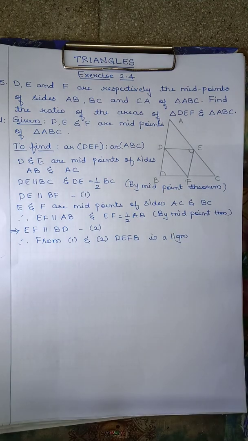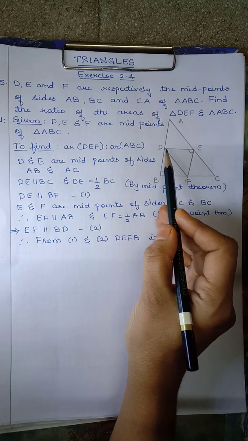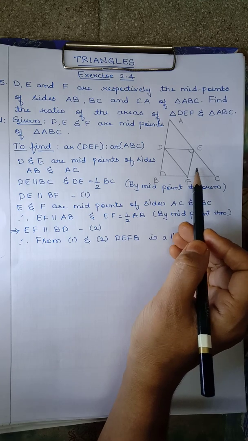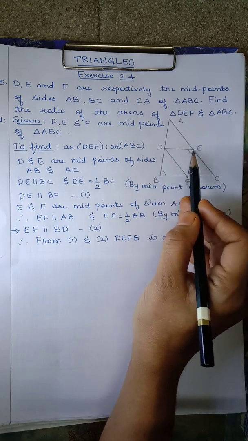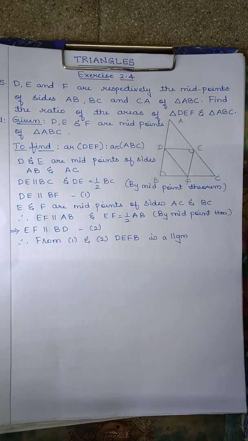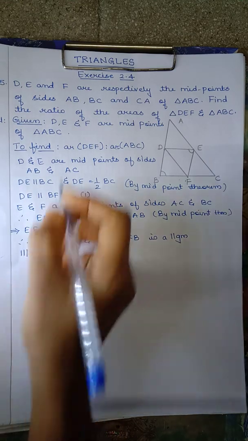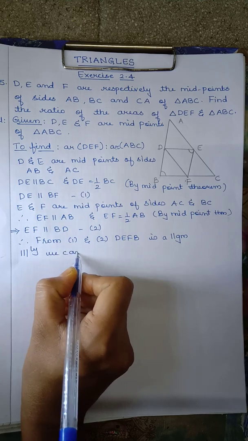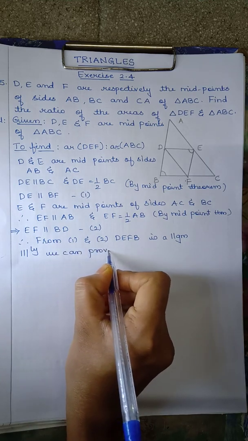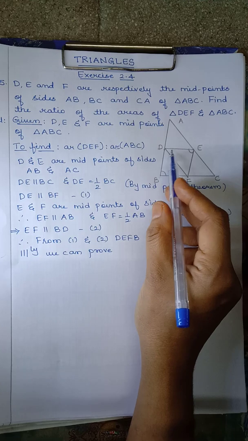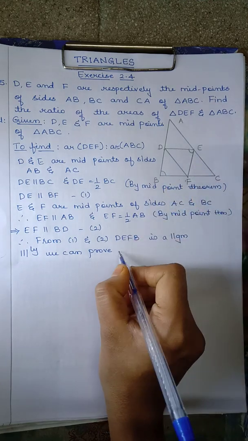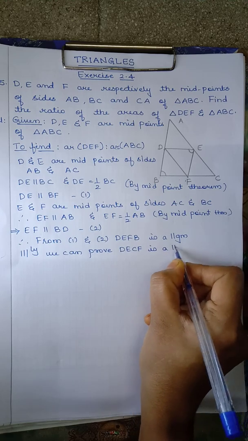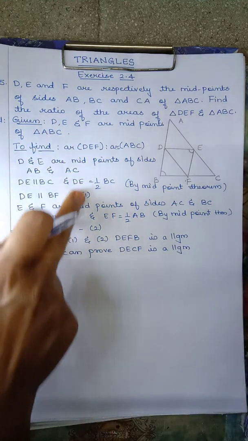For proving another angle equal, we will prove that DECF is a parallelogram. Similarly, we can prove DECF is a parallelogram. No need to prove it once again; all these steps we will write the same way.